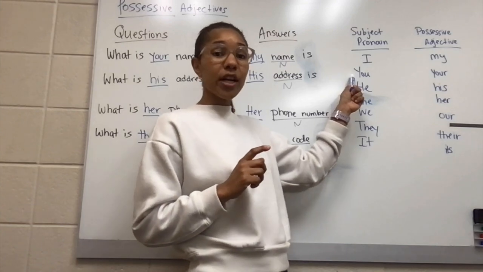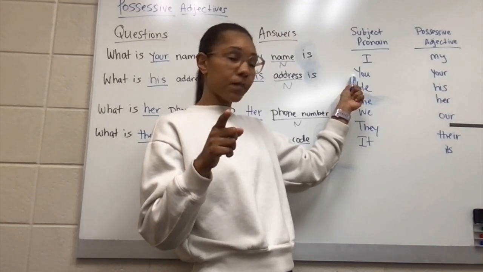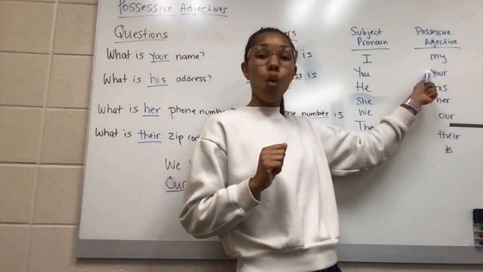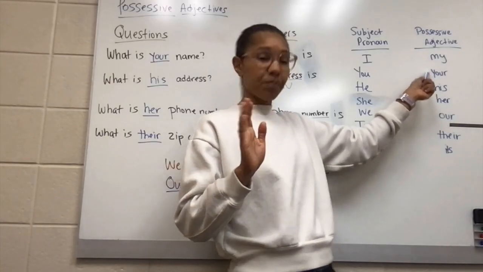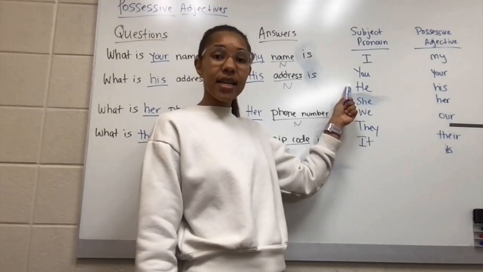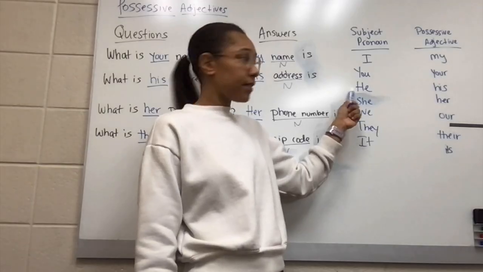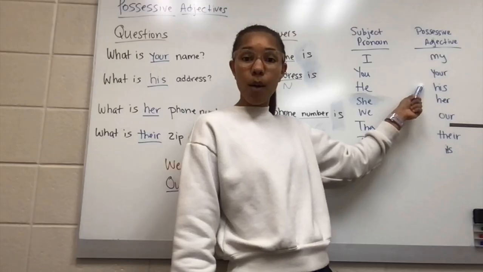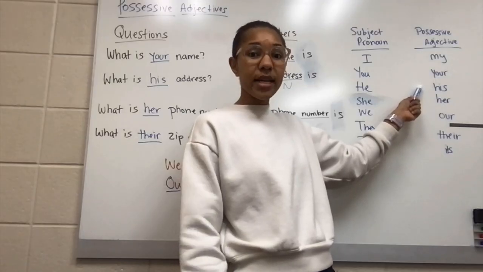You is our subject pronoun, so you are a student. When we use possessive adjective, your name is Stacy. Okay. He is our subject pronoun. He is a boy. Okay. Possessive adjective, his. His name is Tom. We have our possessive adjective, his, and a noun that comes after it, name.